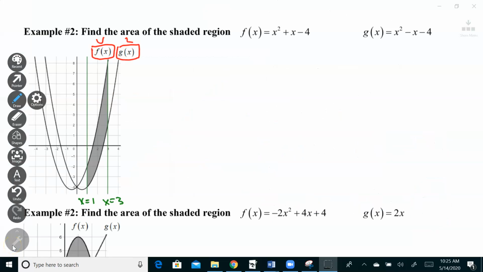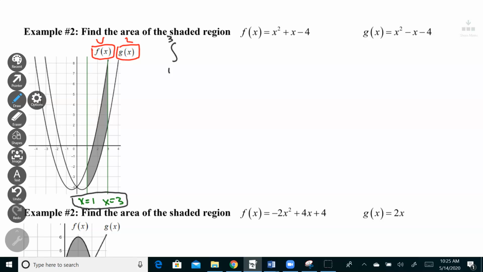Okay, our next problem, we're trying to find this shaded region again. Kind of given to you that the upper and lower limits for the integral are going to be 1 and 3. You can see these, that it's stuck between these vertical lines. So it's an integral of 1 to 3.